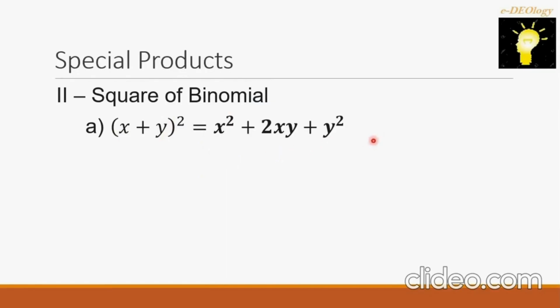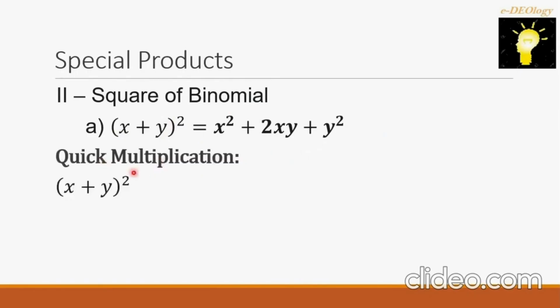So let's have a quick multiplication of this x plus y all raised to 2, this square of a binomial here. First, we are going to expand the exponent. The power 2 simply means we have x plus y times x plus y. And then we will do the long method of multiplication.